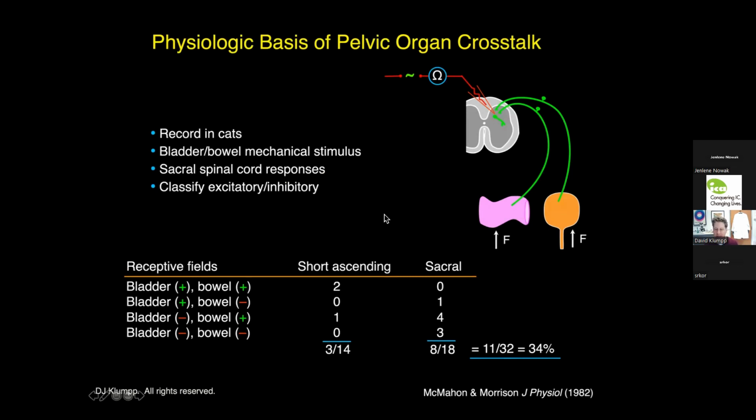And this is actually a summary of data from the early 80s by McMahon and Morrison, where they were recording from cats, and they were doing spinal recordings from neurons in the sensory region of the spinal cord. And they were looking at responses to stimulating the bowel and the bladder. And they found that about a third of the neurons they recorded from up here received inputs from both the bladder and the bowel.